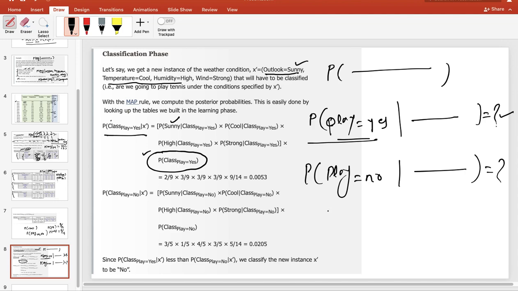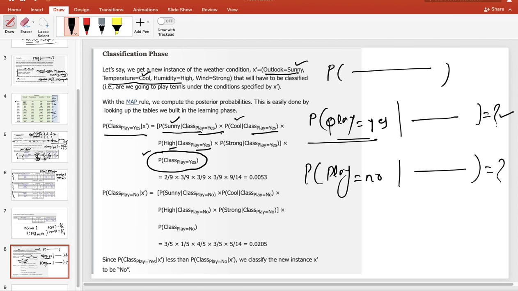Then the probability of temperature is cool given class yes, into the probability of humidity high given class yes, into the probability of wind is strong given class yes.